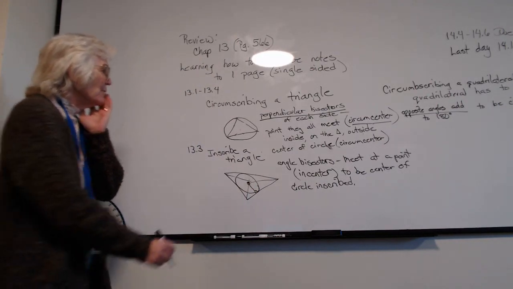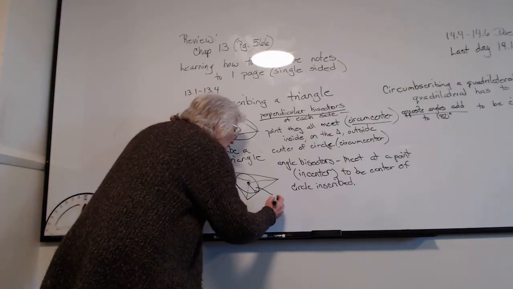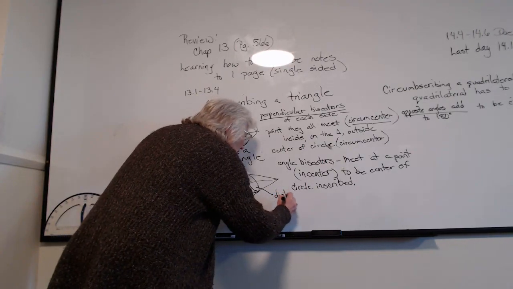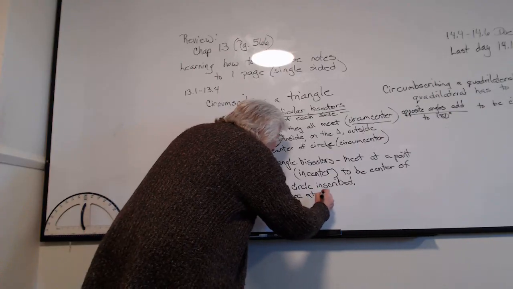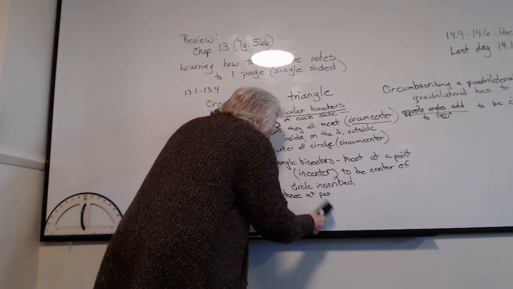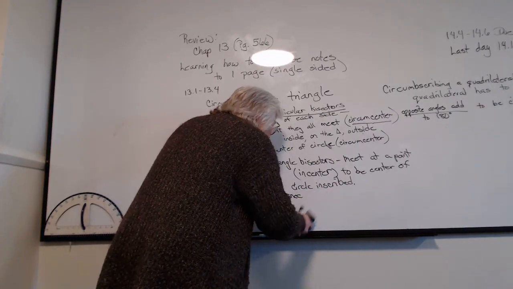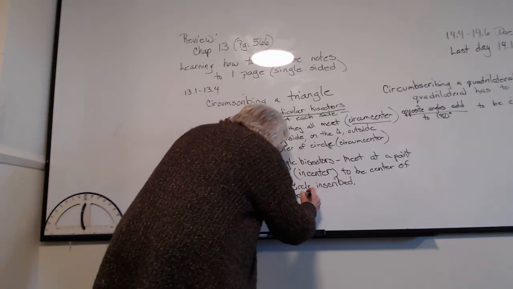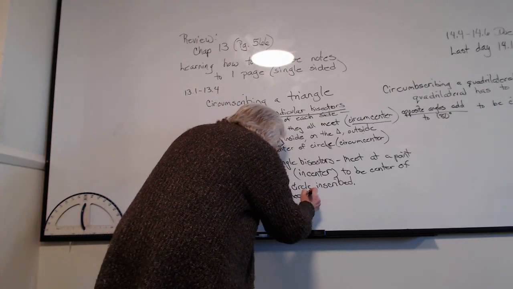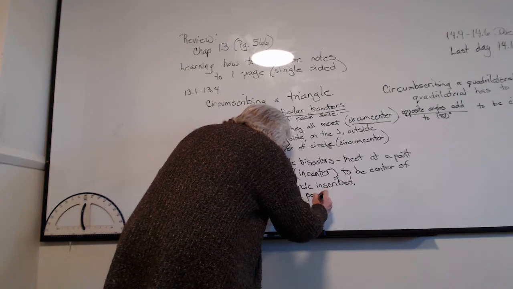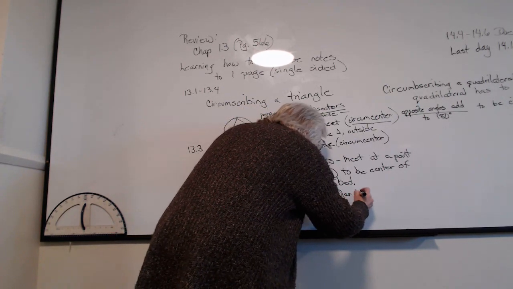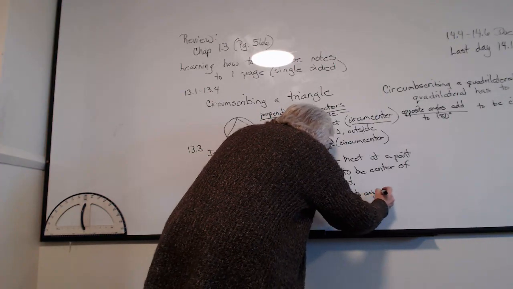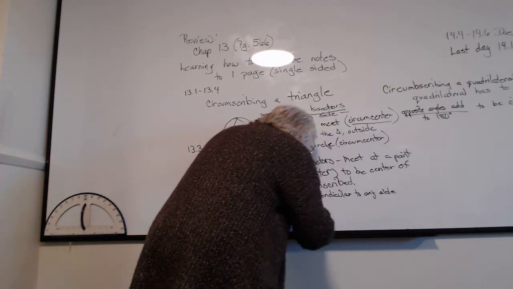Okay, so we want to use the perpendicular distance to any side as the radius.